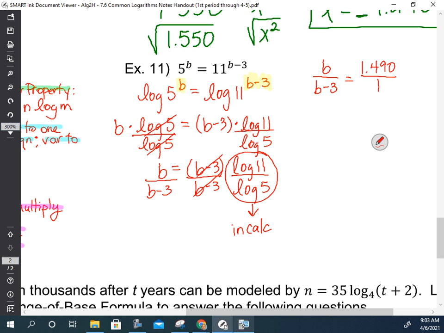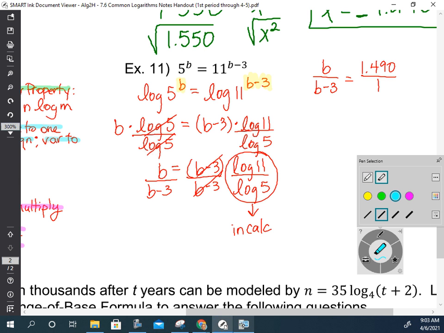So, any questions getting to that point? Again, not a hard problem. Just one that takes a little bit of computation. Now this becomes a cross multiplying problem.